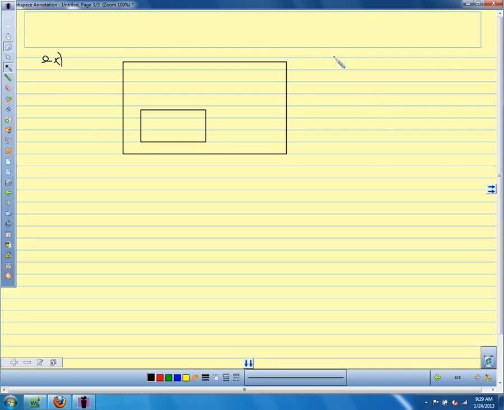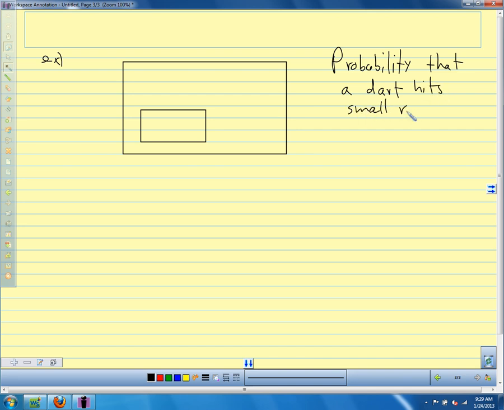And we want the probability that our dart hits the small rectangle. And the dart's being thrown at random. So the dimensions here are 12 and 4, and we'll say this is 6 and 2.